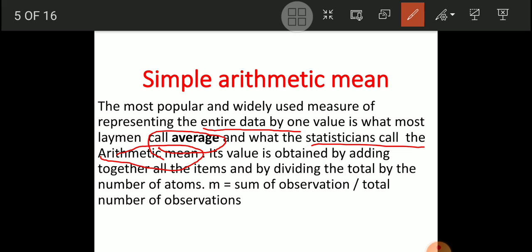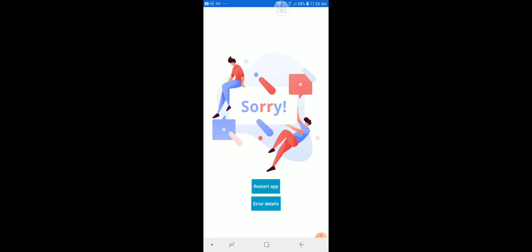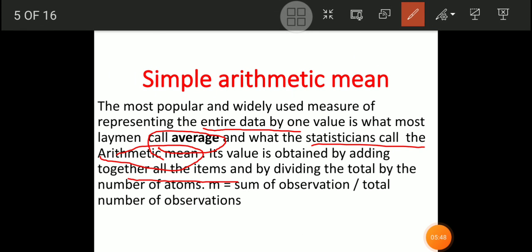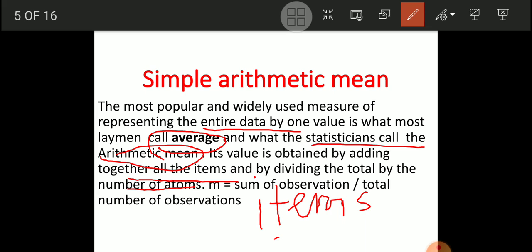This value is obtained by adding together all the observations or figures present in the data and dividing the total by the number of items or observations. You have to keep in mind, not atoms, items.